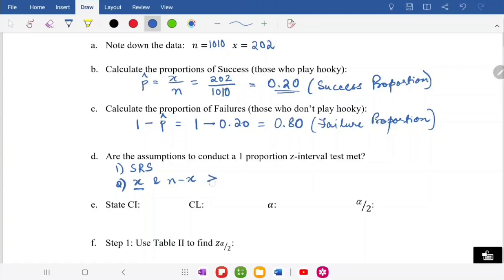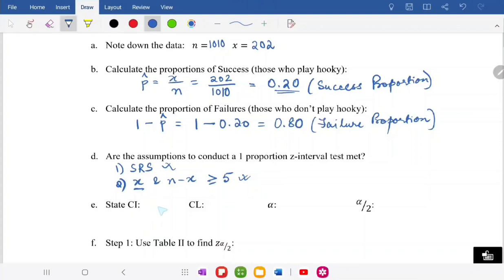They are both greater than or equal to 5. That's the criterion that needed to be met, and it is met. 202 respondents out of 1,010 said yes, that was x, which is greater than 5, and n minus x would also be greater than 5.